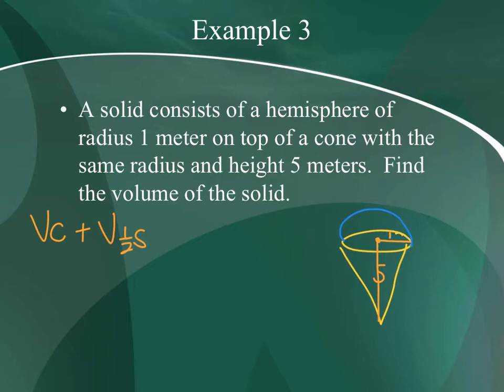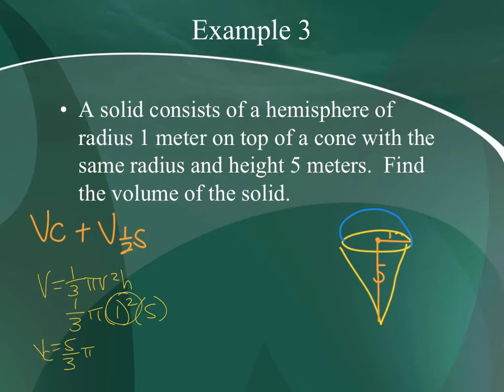So the first thing we're going to find is the volume of the cone. Volume of a cone would be 1/3 pi r squared times the height. So 1/3 pi, the radius was 1, squared, the height is 5. So 1 squared is 1, and I get 5/3 pi for the volume of the cone.